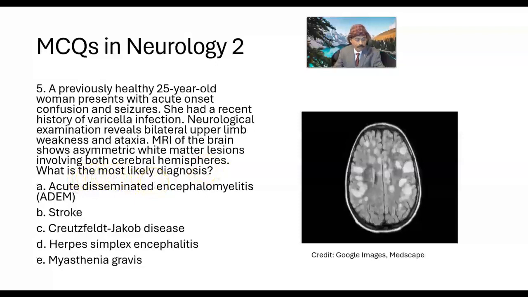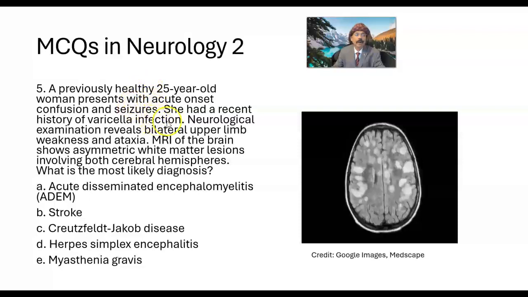Acute disseminated encephalomyelitis, stroke, Creutzfeldt-Jakob disease, herpes simplex encephalitis, myasthenia gravis. What is the diagnosis?